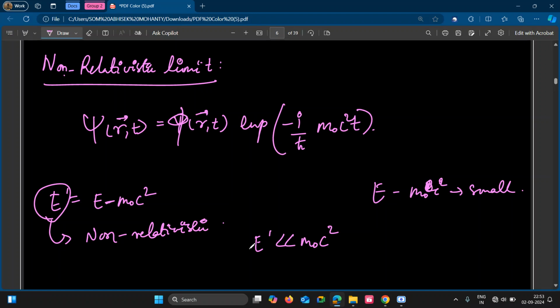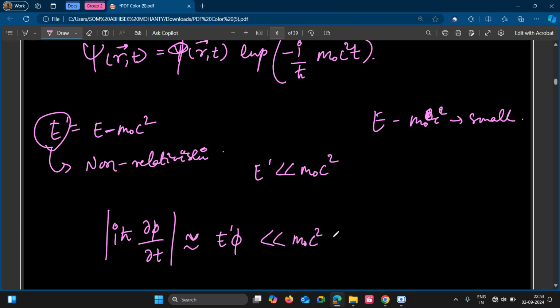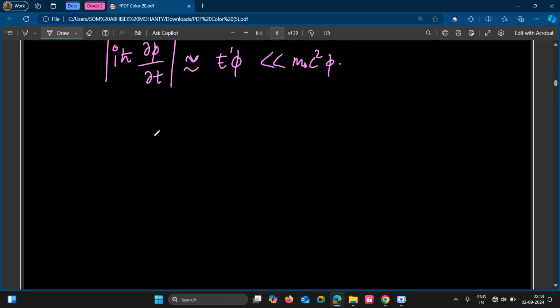Hence we can write i h cut del phi by del t, which is almost equal to E dash phi, and is very much less than m naught c square phi. So what do we get from here?